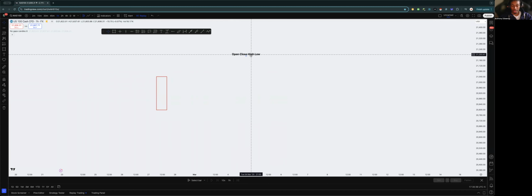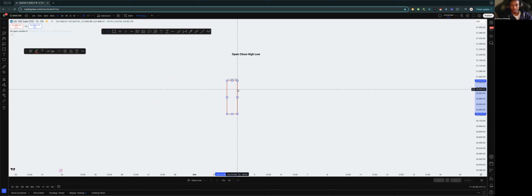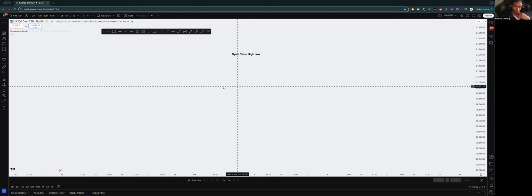And it's going to be dependent on what time frame you're looking at and what candlestick you're looking at. Let's just start off with the 4-hour candlestick just opened.